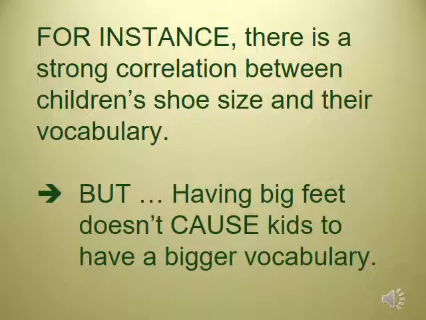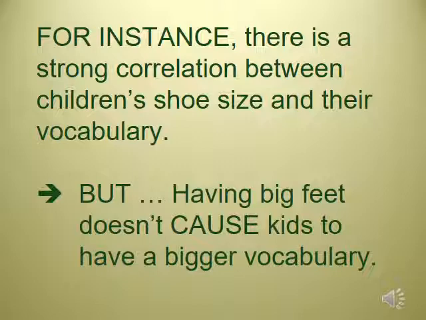A real classic example that comes up almost every time people talk about statistics is the fact that it's been shown that there's a strong correlation between children's shoe size and their vocabulary, which sounds like having bigger shoes must cause kids to know more. So you should put all your kids in clown shoes and that would be a good thing.